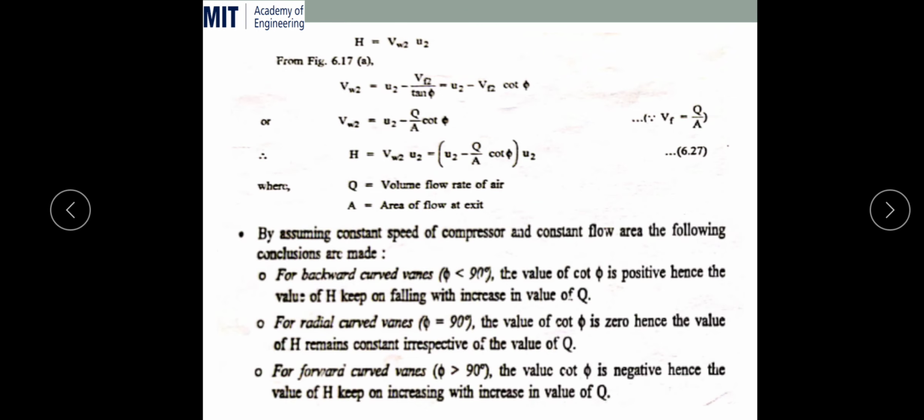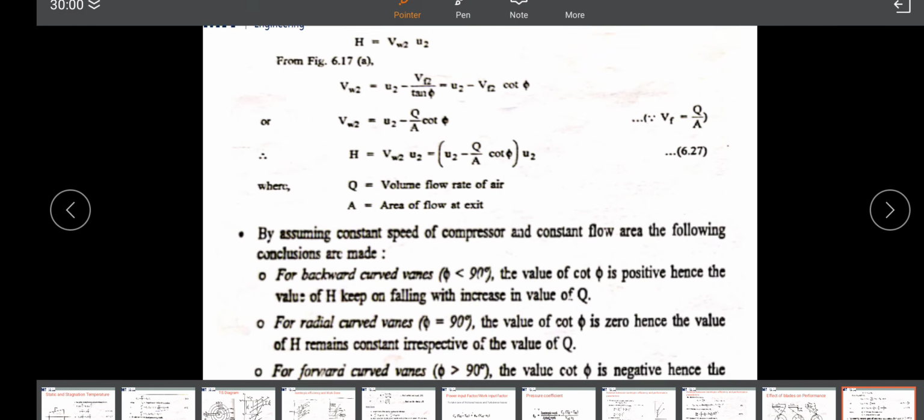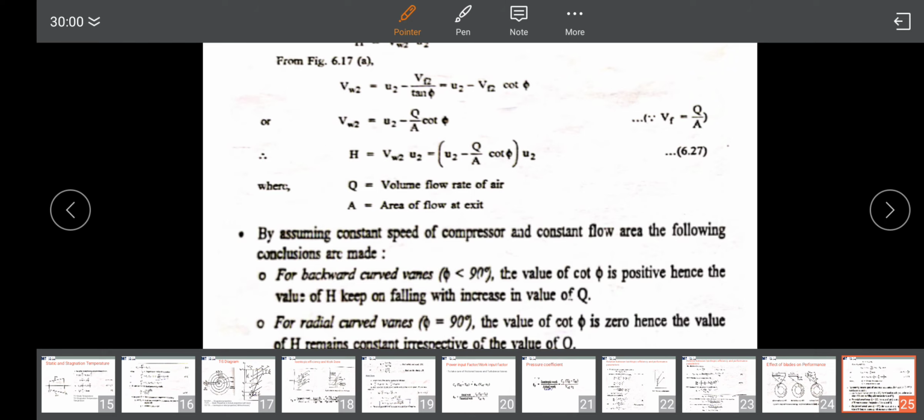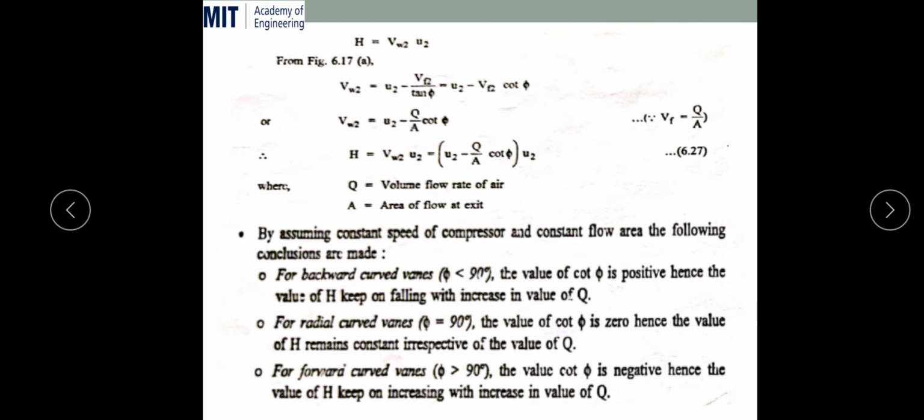Now for backward curve vane, as phi is less than 90, the value of cot phi is positive. If you take any value less than 90 for cot, it is positive. Hence, if cot phi is positive and U2 is constant, the H is getting decreased.